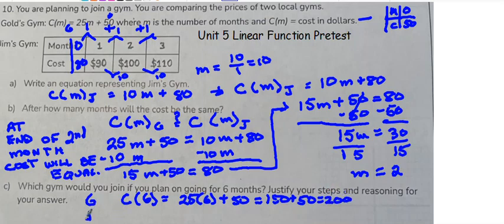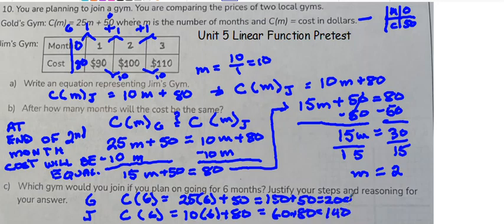Jim's Gym, on the other hand, the cost at 6 months is going to be 10 times 6 plus 80, which is 60 plus 80, which is 140. So at 6 months, Jim's Gym is $60 cheaper.